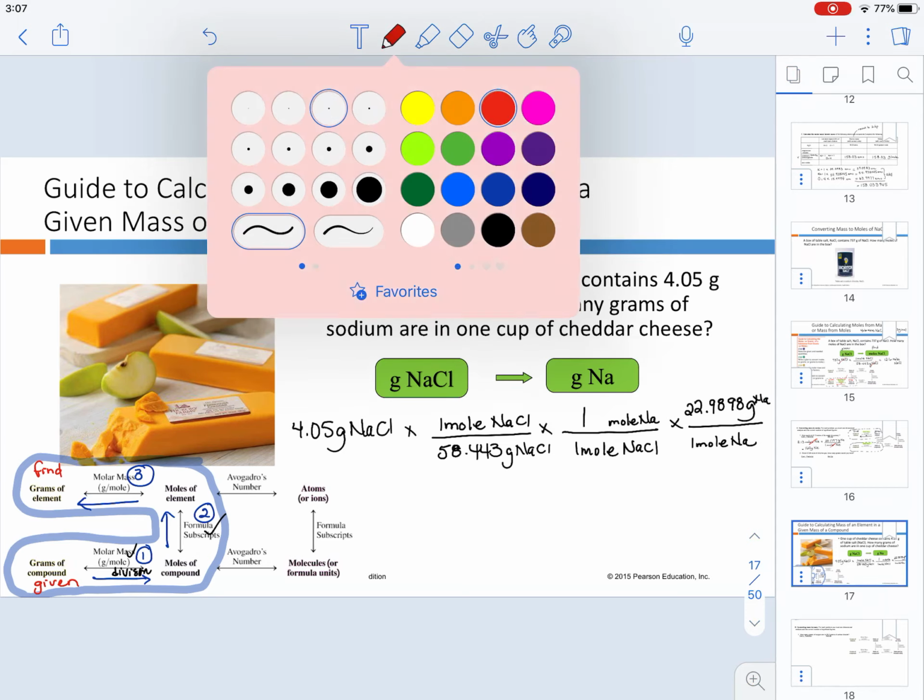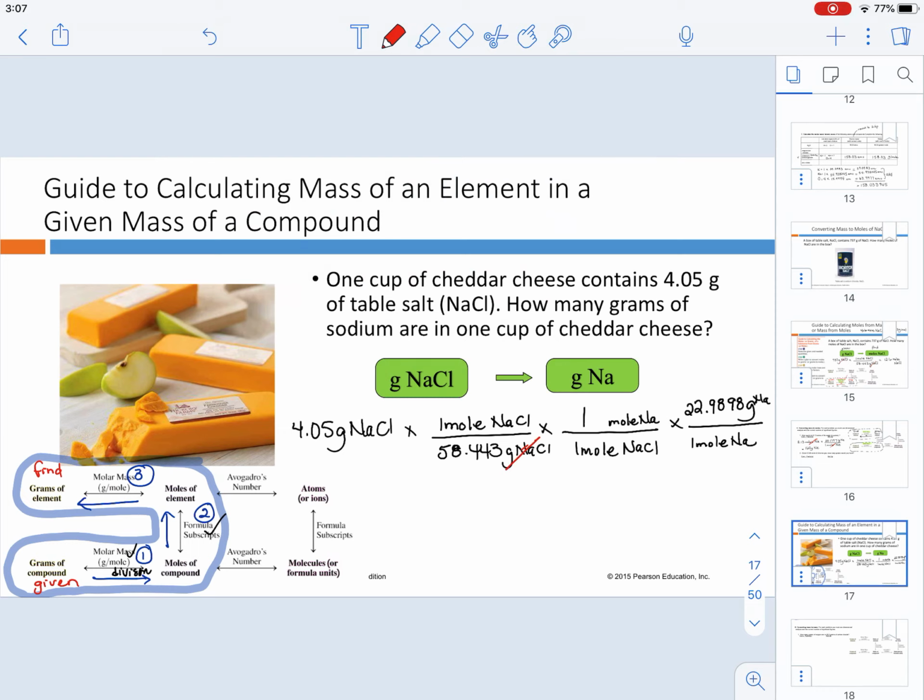So if I start canceling units, grams of sodium chloride with grams of sodium chloride, moles of sodium chloride with moles of sodium chloride, moles of sodium with moles of sodium. So my final answer needs to be reported in 3 significant figures, and the units are going to be grams of sodium.